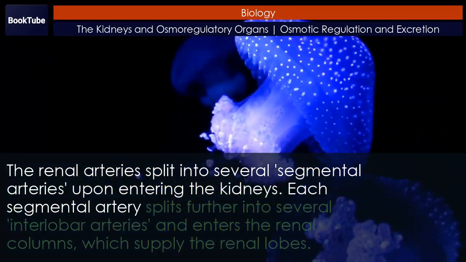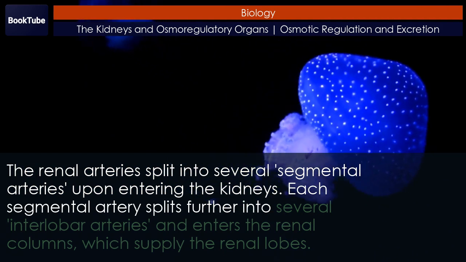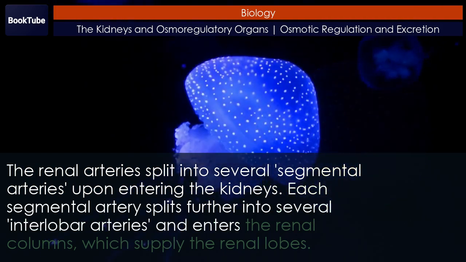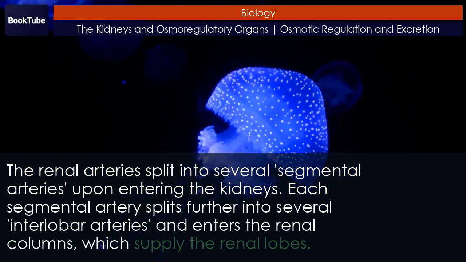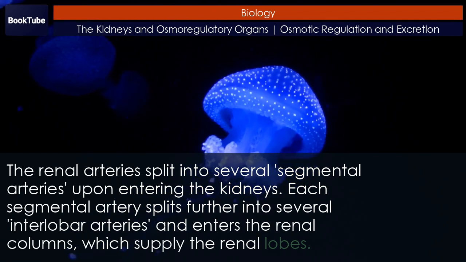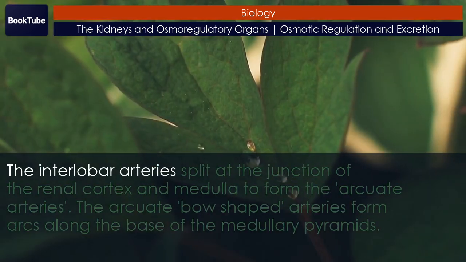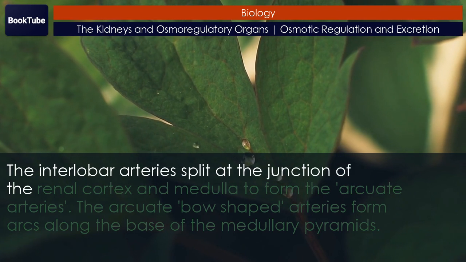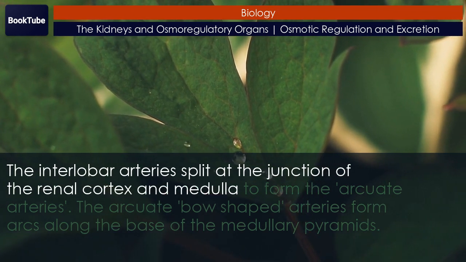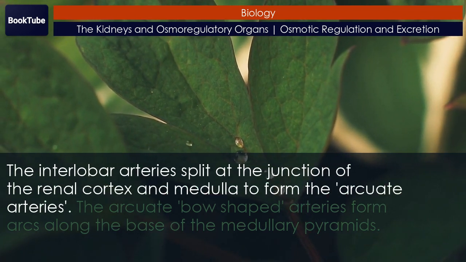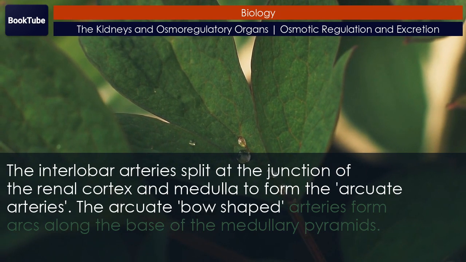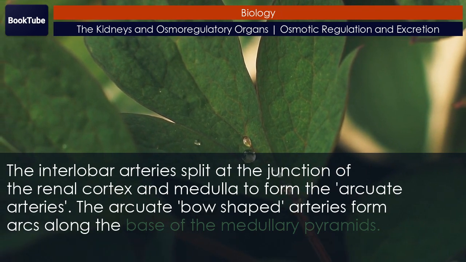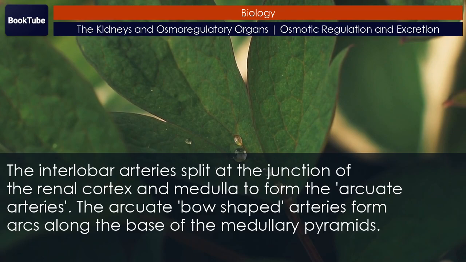Each segmental artery splits further into several interlobar arteries and enters the renal columns, which supply the renal lobes. The interlobar arteries split at the junction of the renal cortex and medulla to form the arcuate arteries. The arcuate, bow-shaped arteries form arcs along the base of the medullary pyramids.